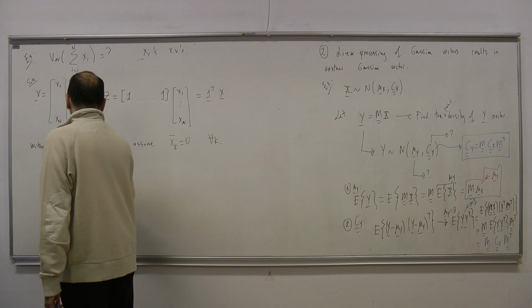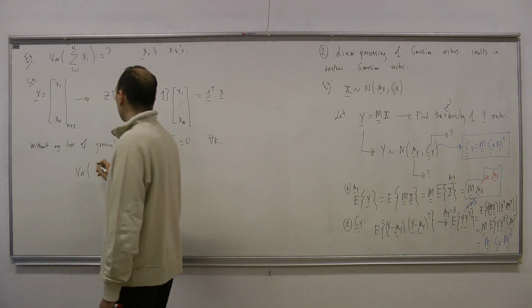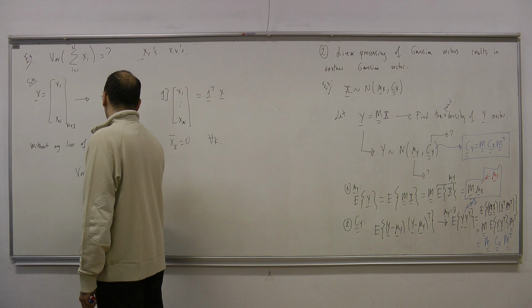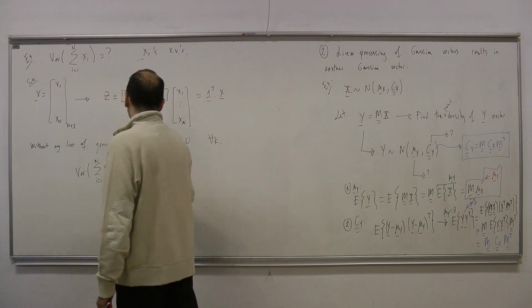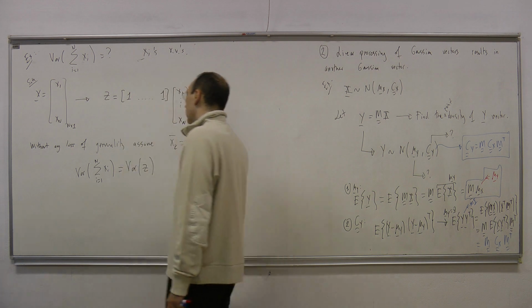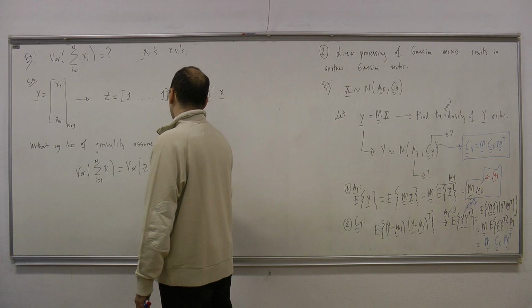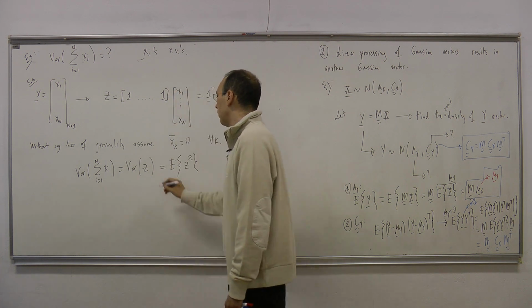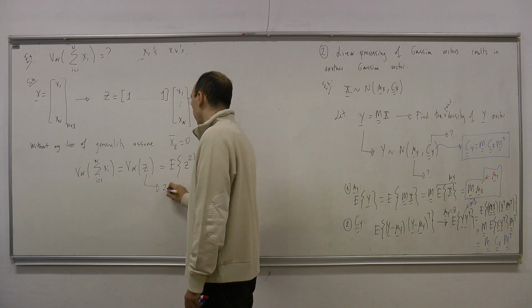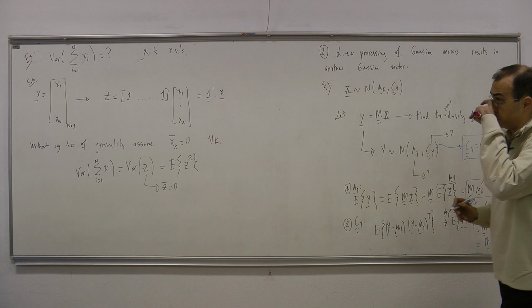If this is the case, then z is also zero mean. Then the variance of the sum from 1 to n is the variance of z, am I right? And the variance of z is the expected value of z squared, because z is also zero mean.